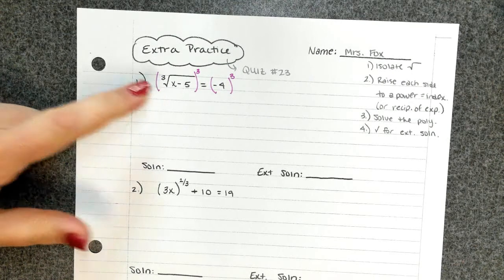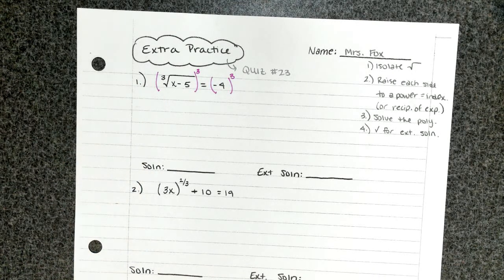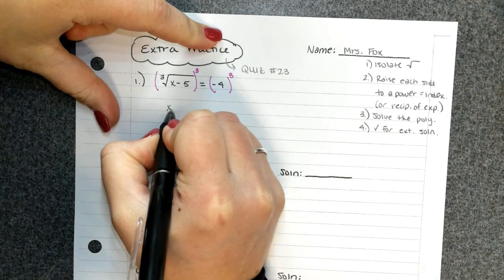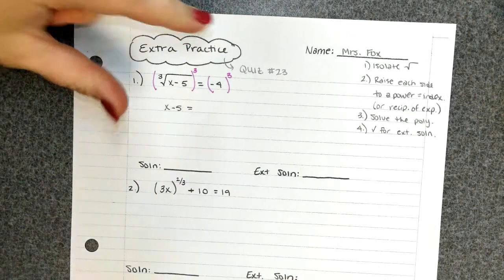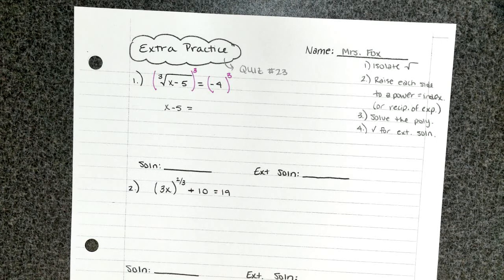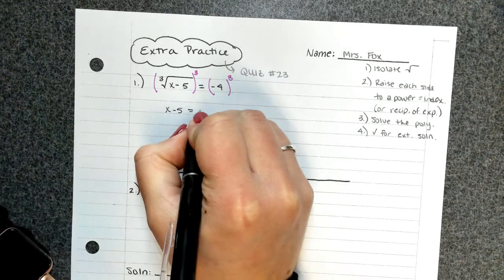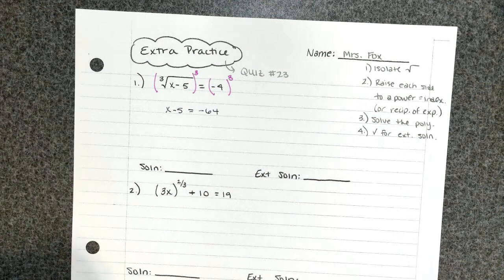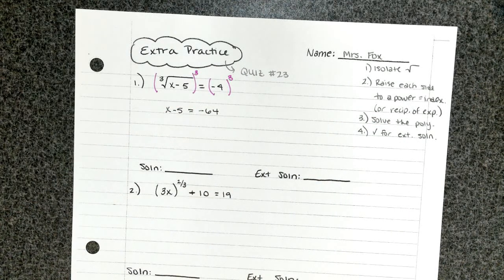What are you left with on the left side now? X minus 5. And on the right side, if we take negative 4 to the 3rd power, what do we get? It's not 64, it's negative 64. Because negative times a negative times a negative is still going to be a negative when you do it to an odd number.